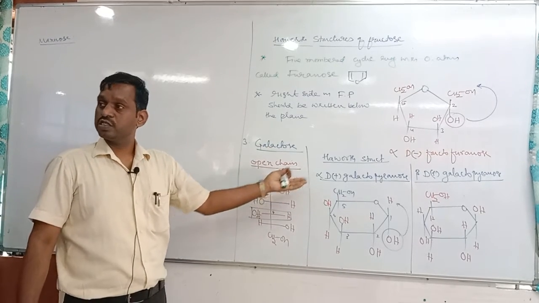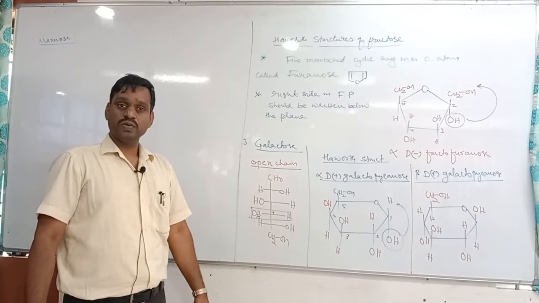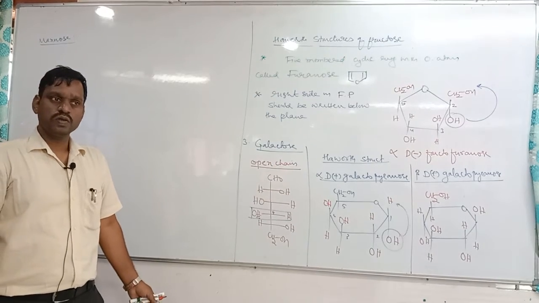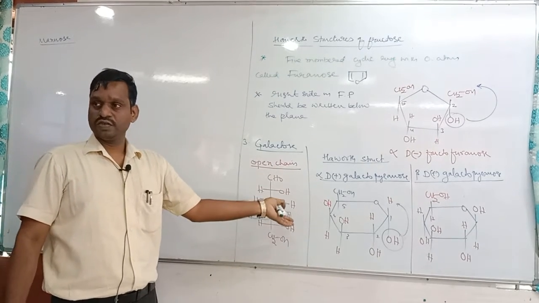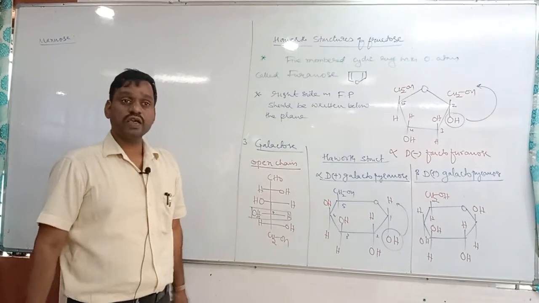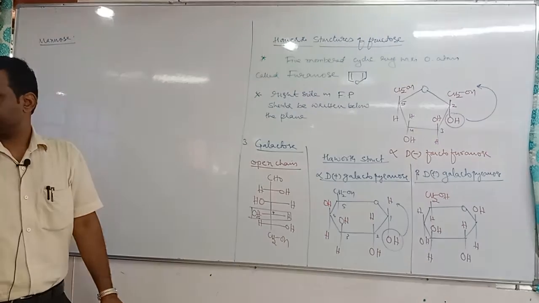Which carbon? C4. Glucose and mannose are epimers at C2. Are glucose and fructose epimers? No, they are functional isomers. Therefore, the relation between alpha and beta is always anomeric, not epimeric.